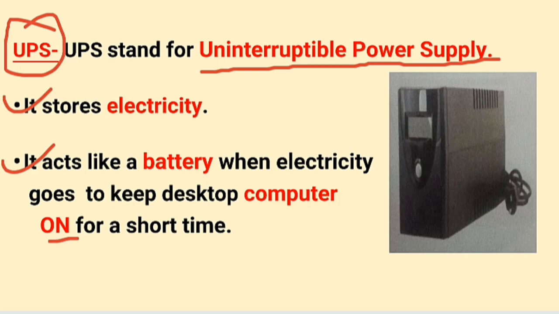We all know that desktop computers run on electricity, but sometimes if electricity goes suddenly, what happens? Our computer will switch off and our work will be lost. To prevent that loss, we are using the UPS, so that when the light goes, the UPS provides electricity to our computer for a short time so that it cannot switch off or shut down.